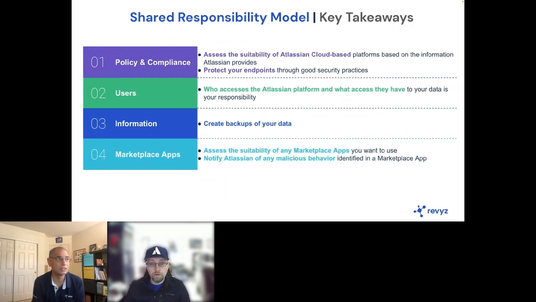Third is ensuring that the users who need to have access to the SaaS applications are the right ones, per the policies of your organization, and they have the appropriate access.